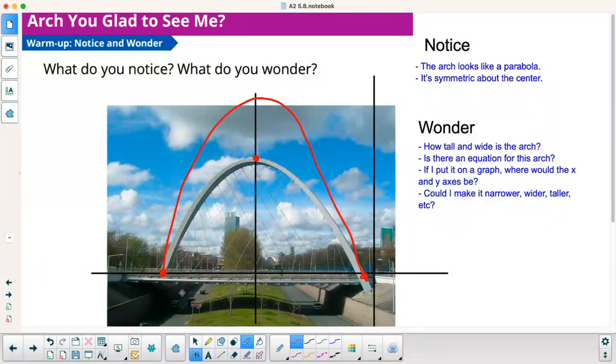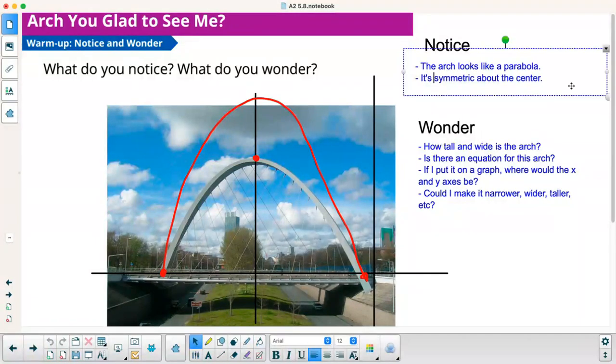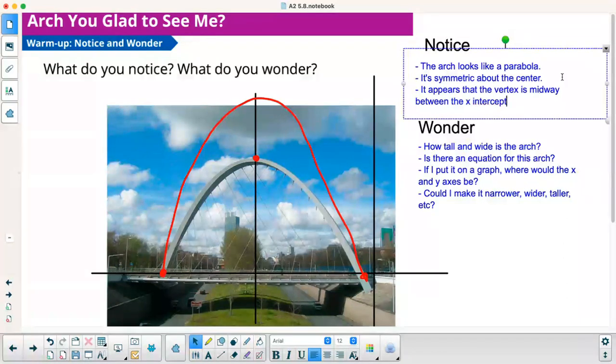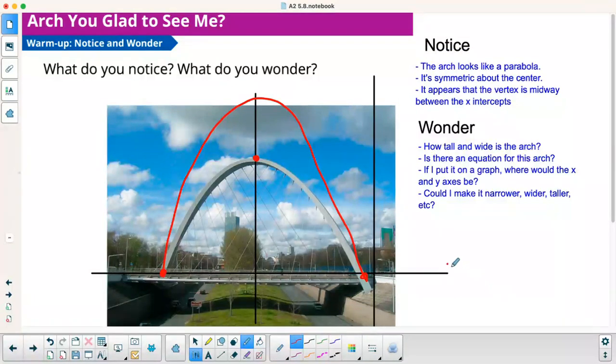Another thing you might notice is that it appears the vertex is midway between the x-intercepts, assuming I have the x-axis right here.